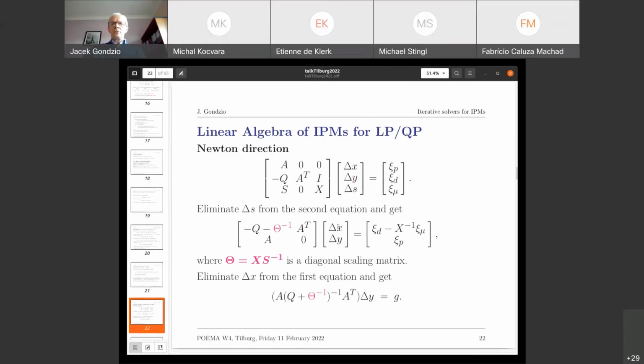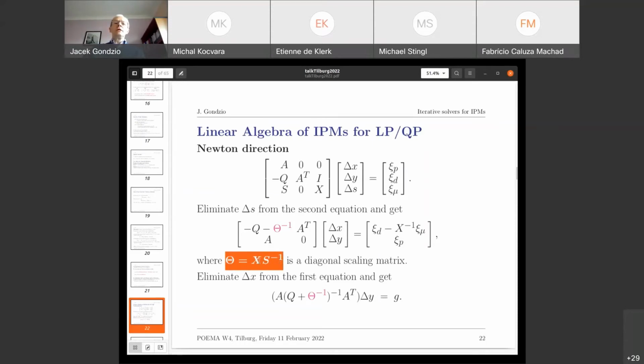Or if you continue the elimination and try to remove delta X from this equation, you will obtain the so-called normal equations, or the Schur complement form of equations. But in both these cases, there is a slightly frightening matrix Theta appearing here, where Theta is defined as X divided by S for every component.